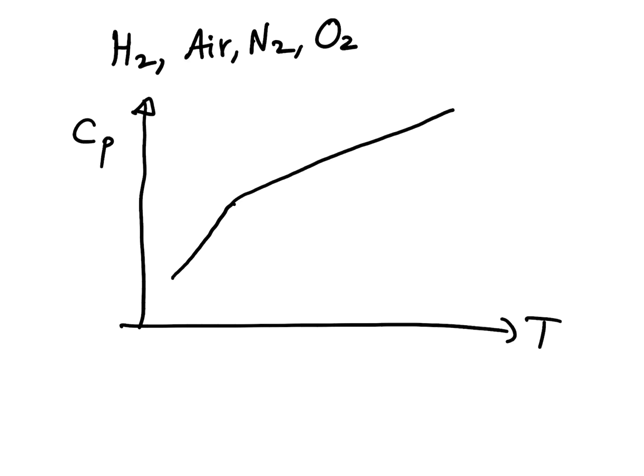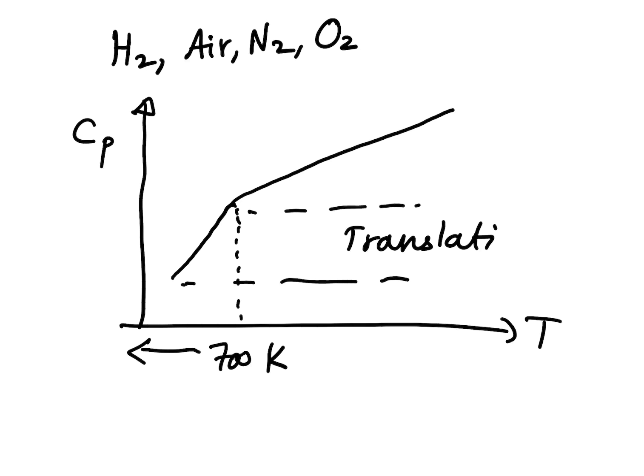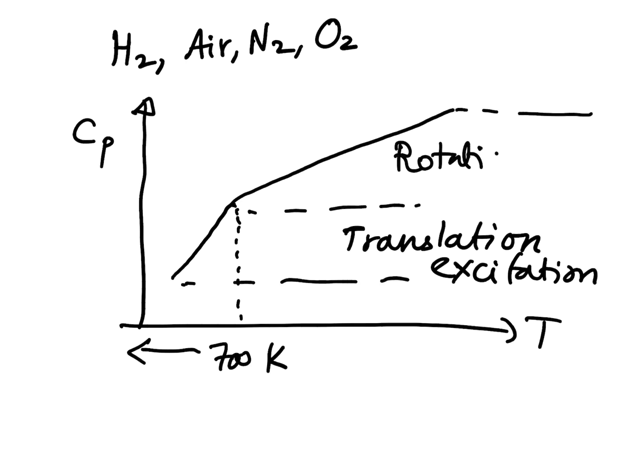At lower temperatures, around 700 Kelvin or lesser, all the heat supplied to these molecules is taken up by the translational motion, and at higher temperatures the energy provided goes into not only translation but also rotation and vibration.